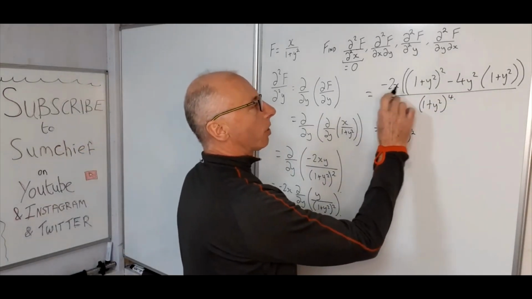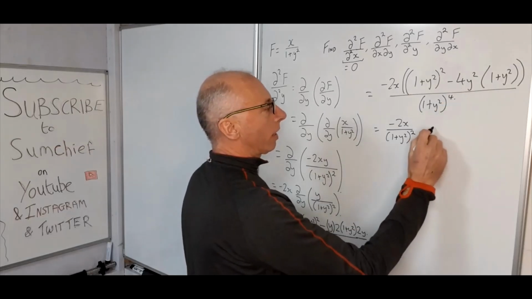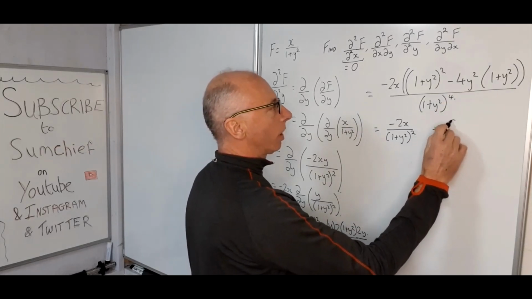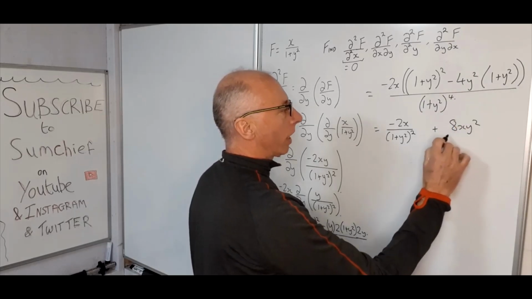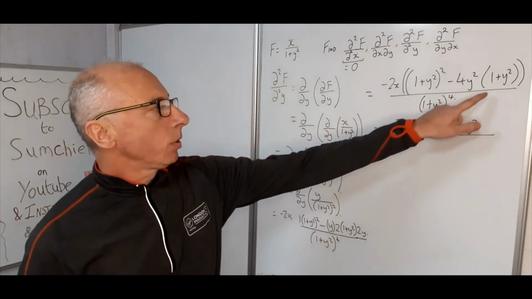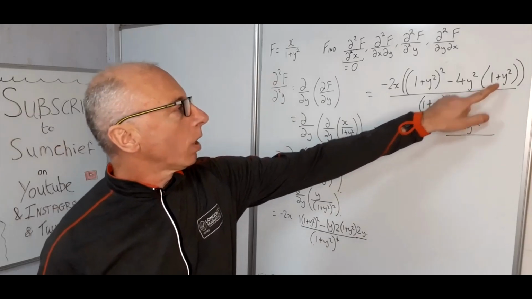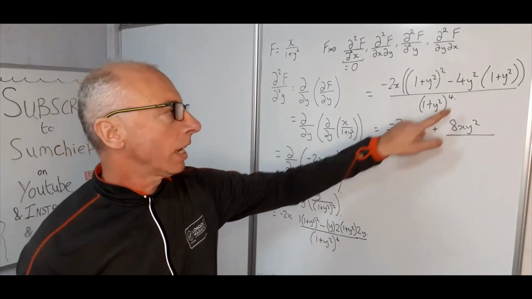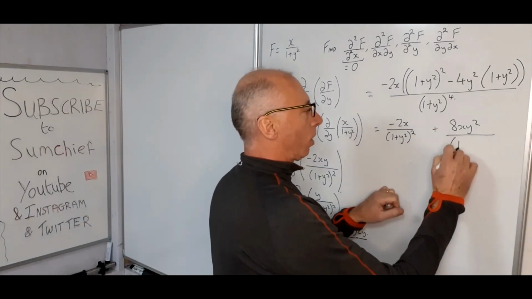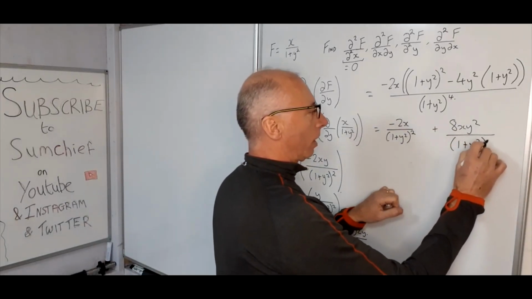Now we distribute the minus 2x with the minus 4y squared. So we got plus 8 and then xy squared. And then if we do the same again here, 1 plus y squared, 1 plus y squared to the 4, we can just reduce this down to the cubed. So that's 1 plus y squared cubed.